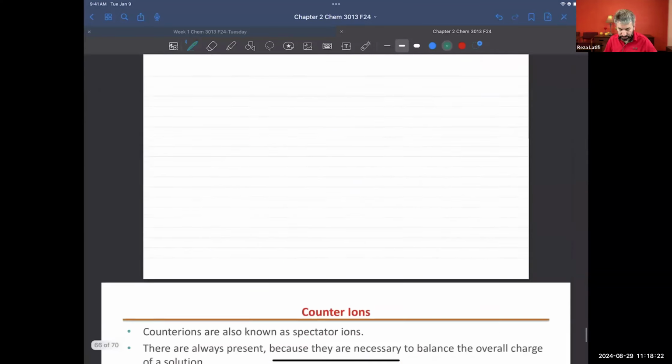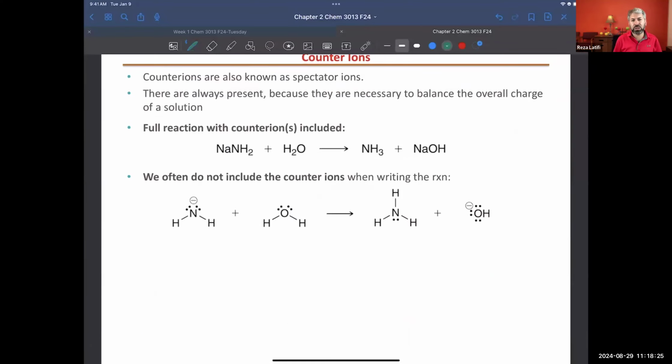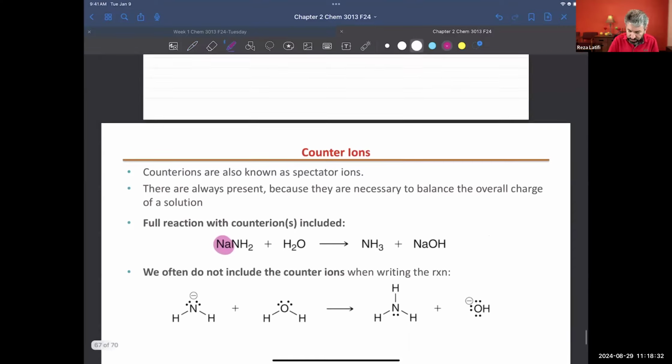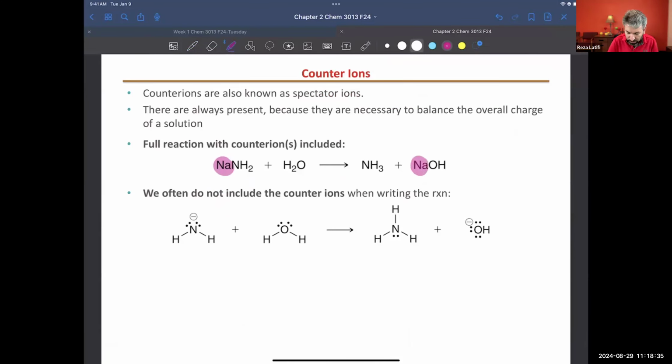Let's move on. What's the role of the counter ion? The counter ion is there to balance the charges. For example, in this case, what's the role of sodium? Sodium has a +1 charge, so I'm going to write it in blue. This one is a +1, which means our ion is -1. What's the charge for the OH? We know OH has a negative charge, and the negative charge of OH will be canceled by the charge of sodium.